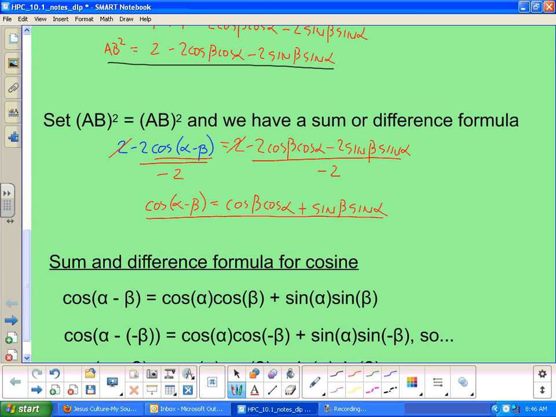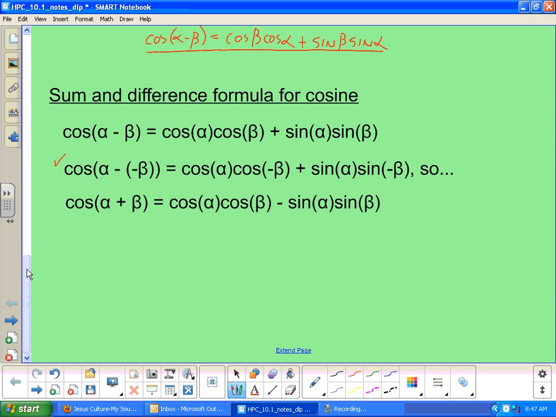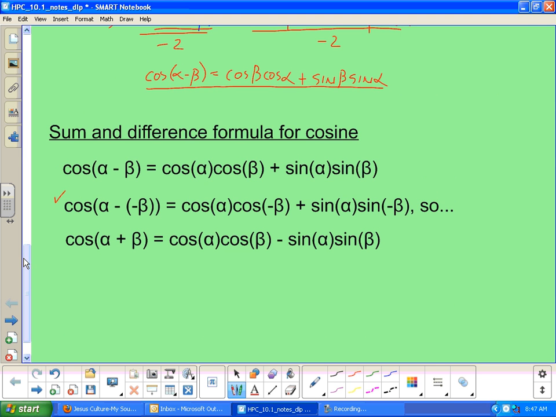And let's see how we would develop the same thing with our sine. So if this was a cosine minus a negative angle of beta, as in this example down here, what happens is we introduce a negative angle, and we know from our even odd identities that a negative angle produces a positive cosine value, so that's why that just becomes cosine.